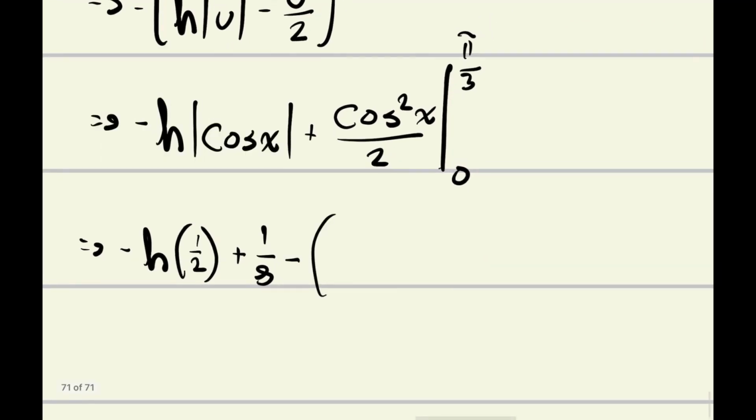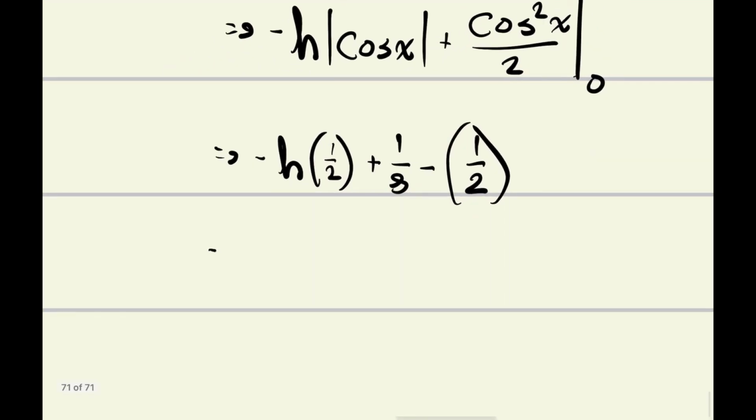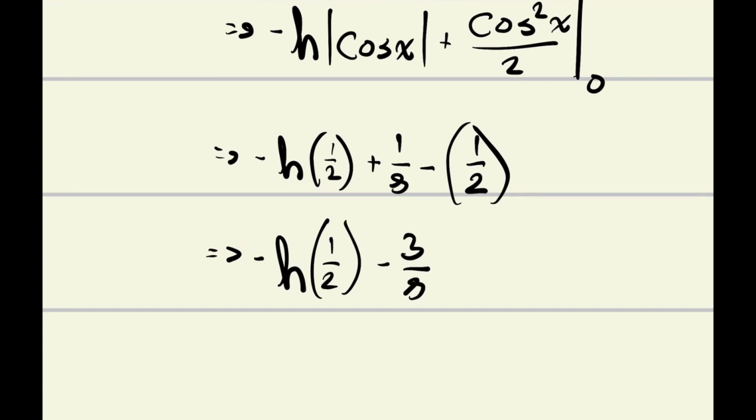Minus cosine of 0 is 1, natural log of 1 is 0. Plus cosine of 0 is 1, 1 squared is 1, over 2, so minus 1 over 2. And we'll have a final answer of negative natural log of 1/2 minus 3/8.